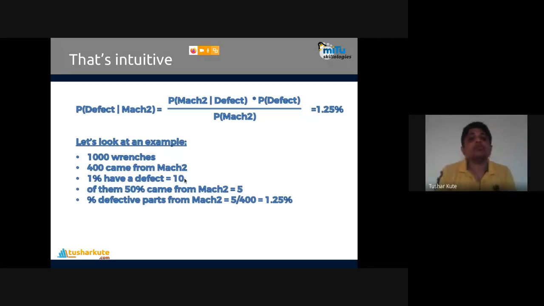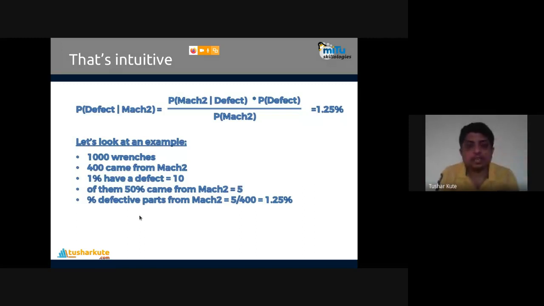Out of these 10, we know that 50% are from machine 1 and 50% from machine 2. So out of 10, 5 are from machine 2.